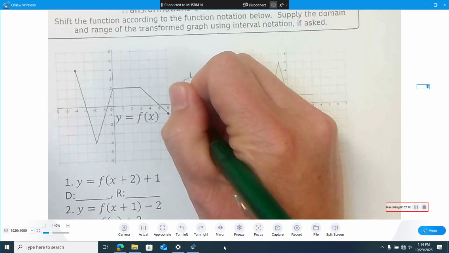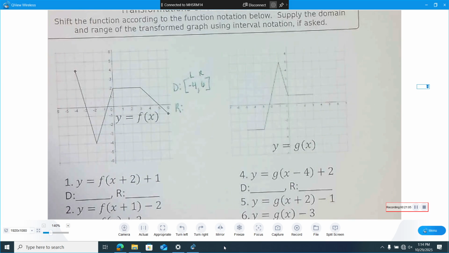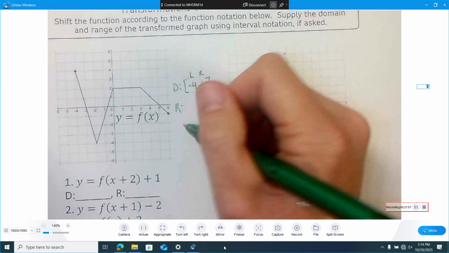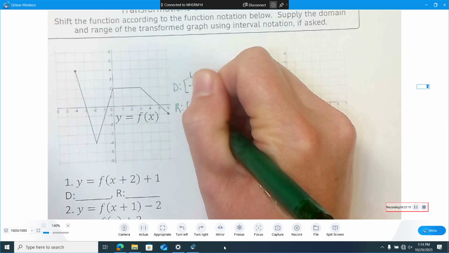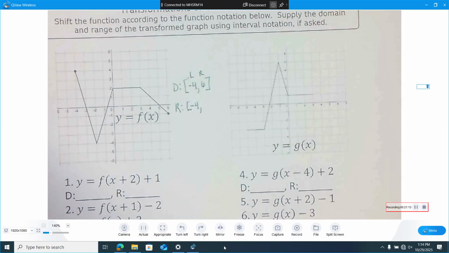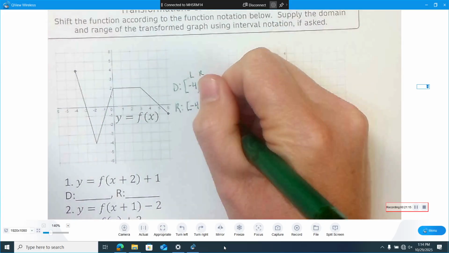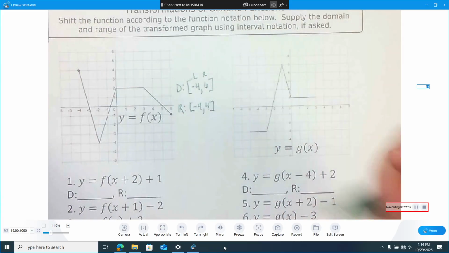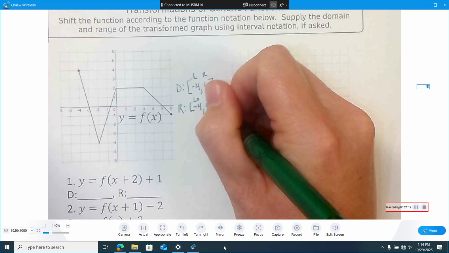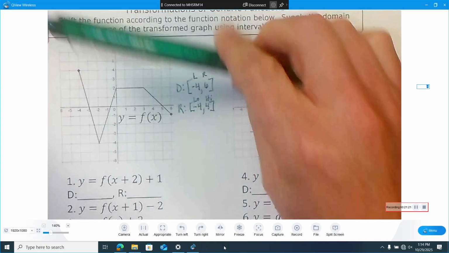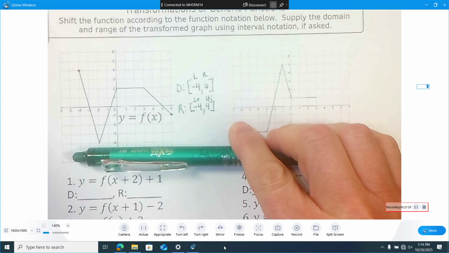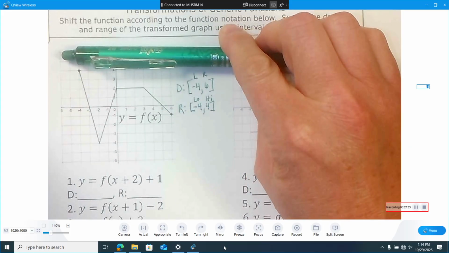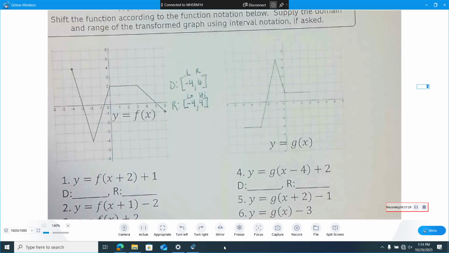What is the range of this function? 4 or -4? -4, okay. Bracket -4 and +4, yes. Also a bracket. Range is how low does it go and how high does it go. So again, our lowest y value is down here at -4, and our highest y value is up here at +4. So there we go. We got range and domain.